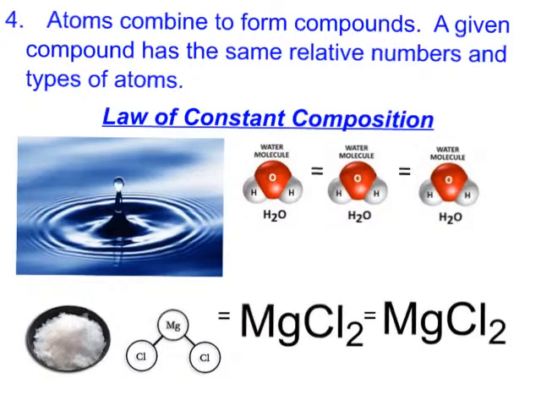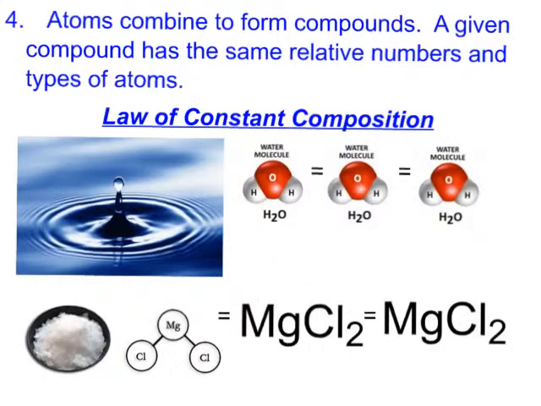If we look at another water molecule, it will also contain one oxygen and two hydrogens. If we look at another water molecule, it will contain one oxygen and two hydrogens. So it will contain the same types of atoms and the same numbers of those types of atoms from one compound to the next when they are the same compound.